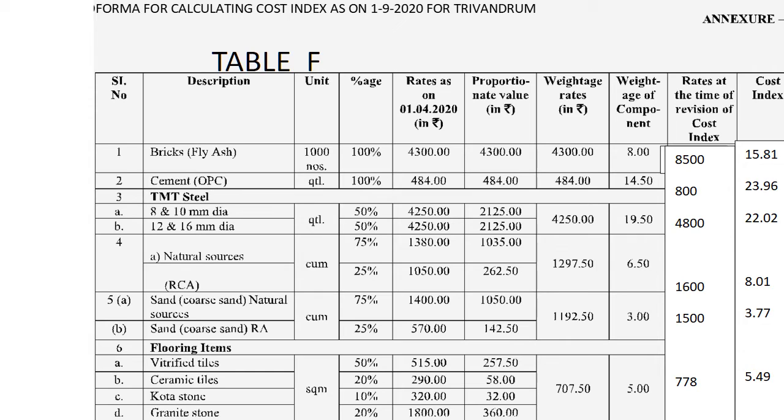So here the new rates have been entered in this column and the new weightage has been found out. So you can see all the rates have been given and it has been worked out.